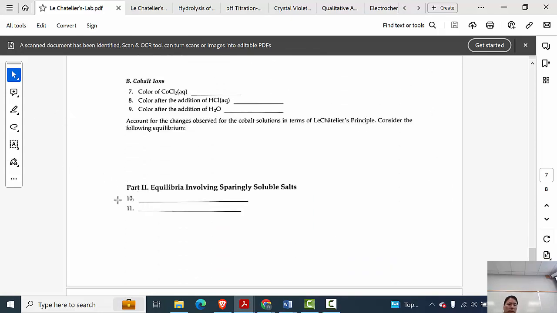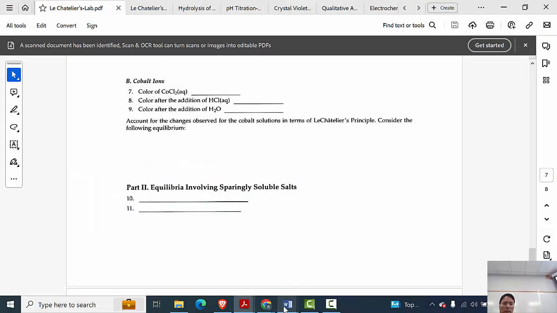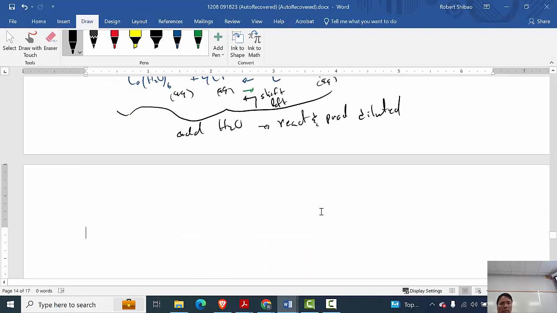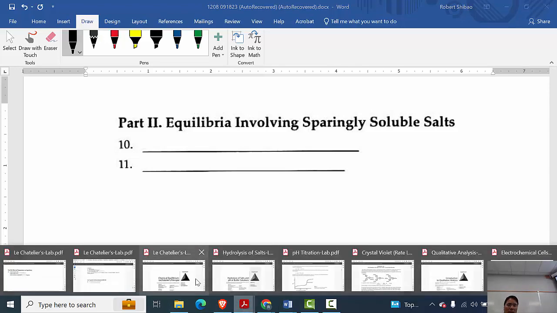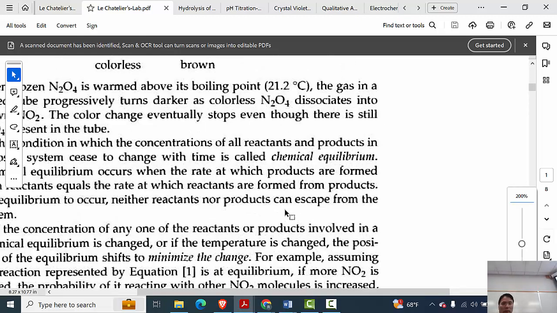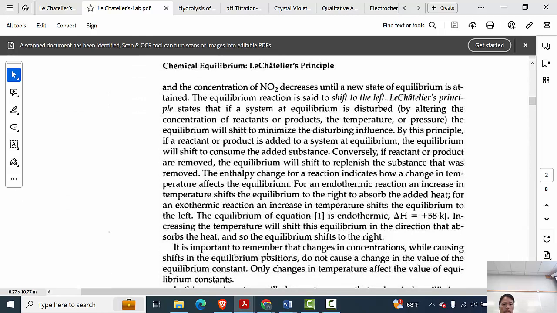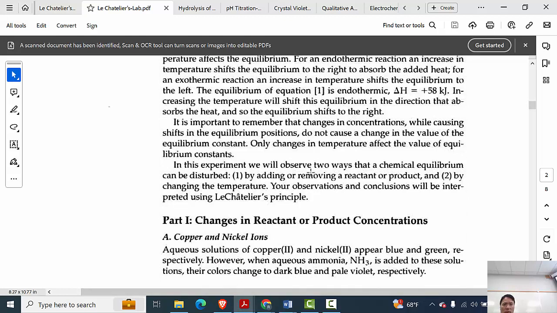Now, what are we supposed to do at 10 and 11? Do you know? What we're supposed to fill in there? 10 and 11. So let's go back to the lab and take a look and try to find out. See 1 up here, 1 here, 2 here.